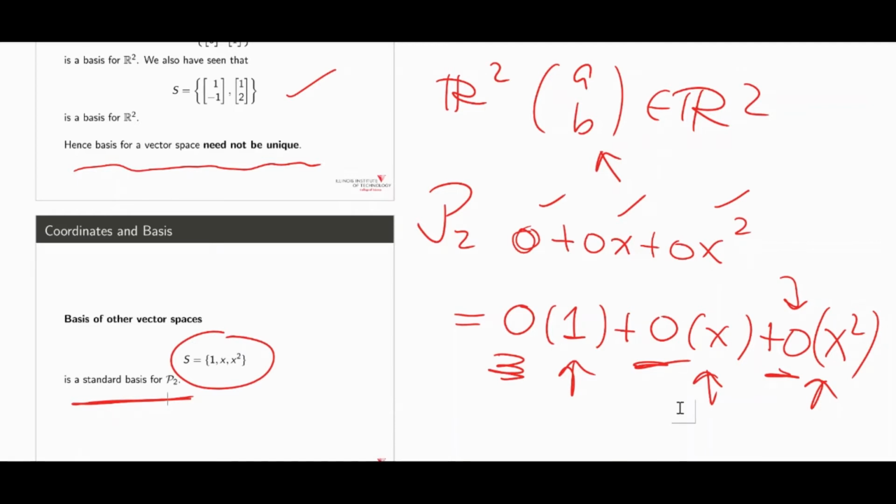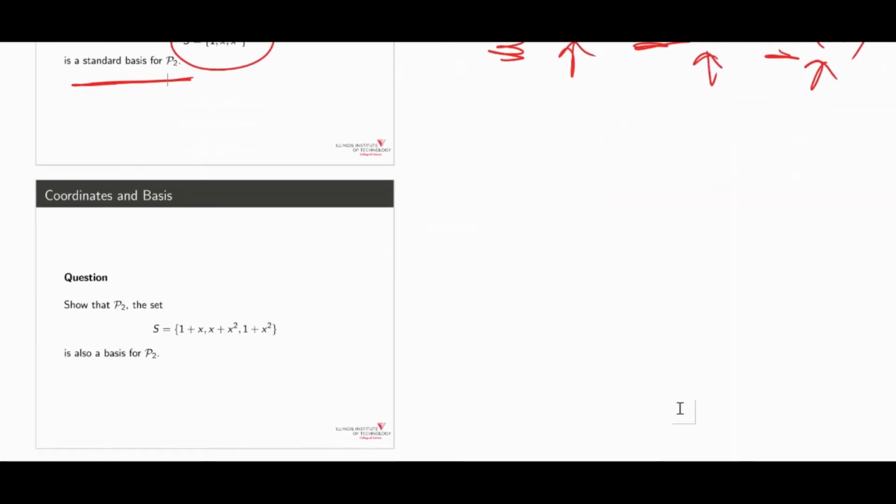So again, we are in the vector space P2. Now I'm asking you to show that this is also a basis for P2. We have a collection of three vectors: 1 plus x, x plus x squared, and 1 plus x squared. Your job is to show that this particular collection of vectors also forms a basis for P2.